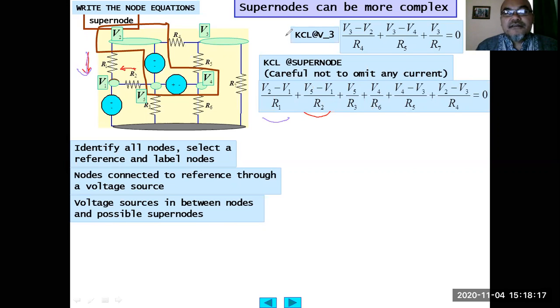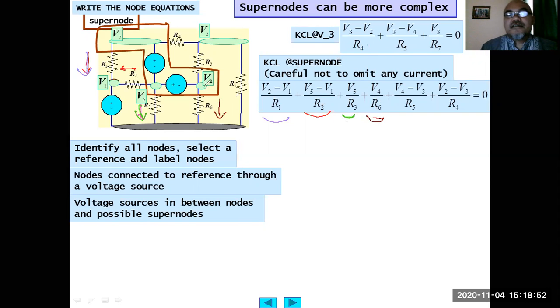Afterwards is (V5 minus 0) divided by R3. Afterwards, we have this current here, (V4 minus 0) divided by R6.